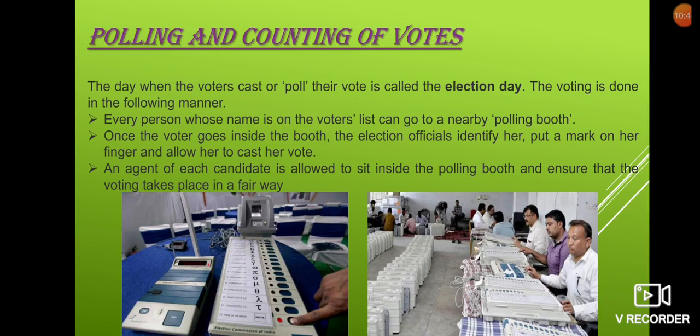Once the voter goes inside the booth, the election officials identify her, put a mark on her or his finger, and allow the person to cast their vote. An agent of each candidate is allowed to sit inside the polling booth and ensure that the voting takes place in a fair way.